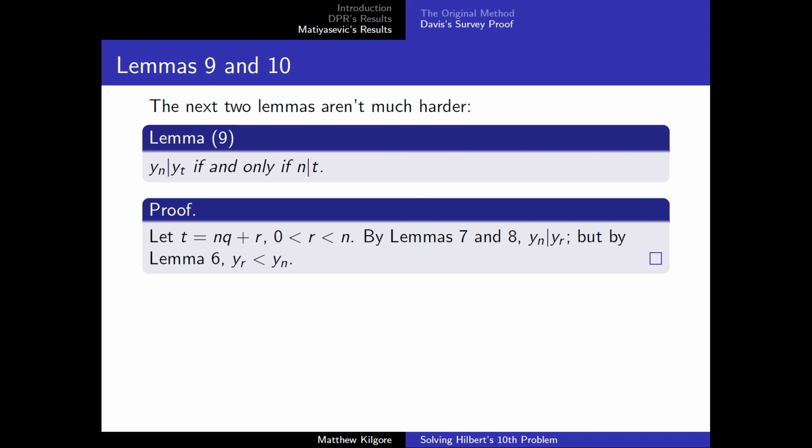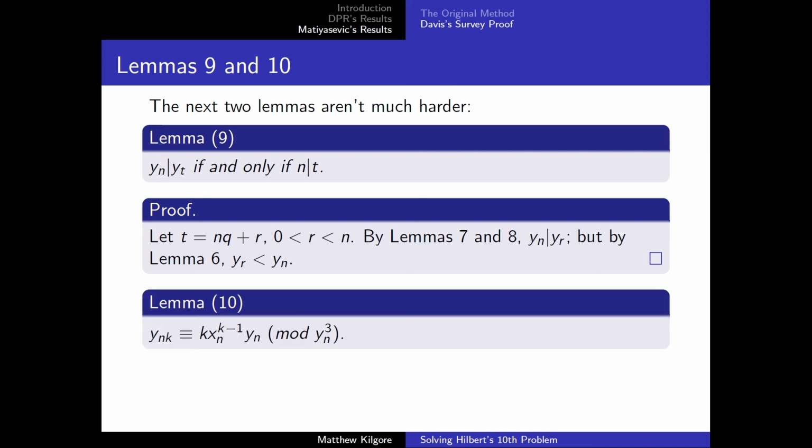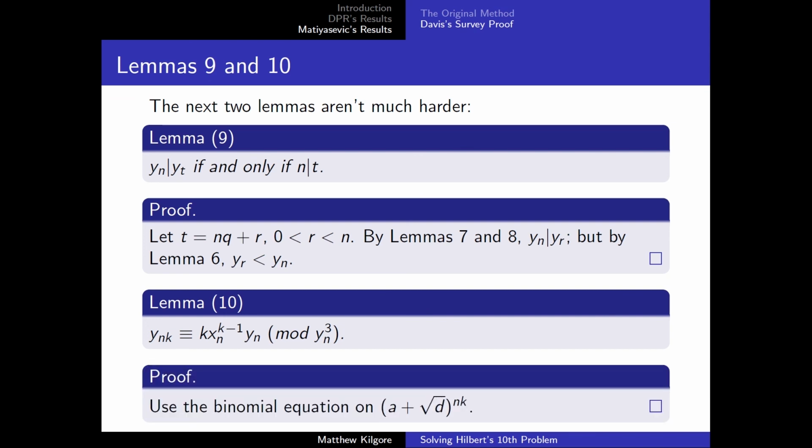By lemmas 7 and 8, y_n divides y_r, but by lemma 6, for example, y_r is less than y_n. Lemma 10 states that y_(nk) is congruent to k x_n to the k minus 1 times y_n, mod y_n cubed. The proof of this is just applying the binomial equation to (a plus root d) to the nk.